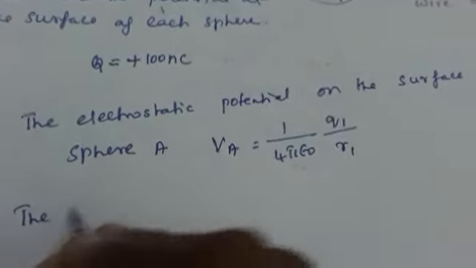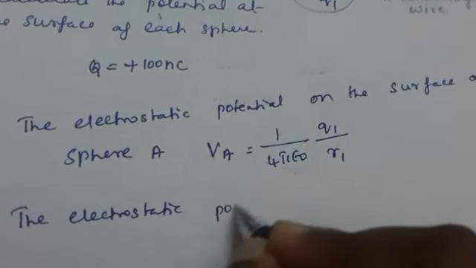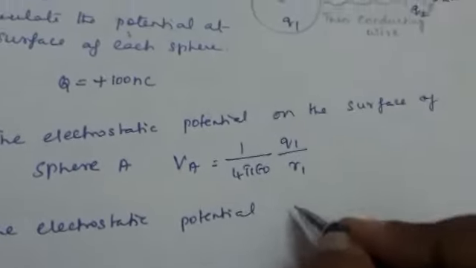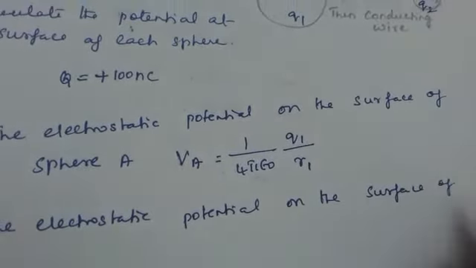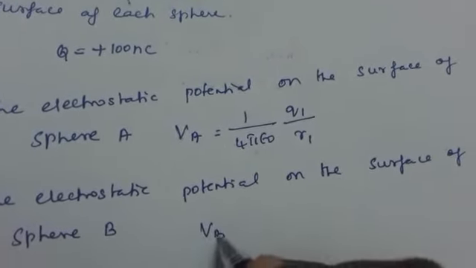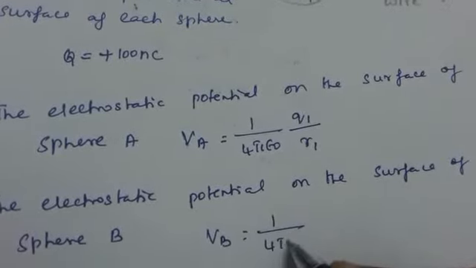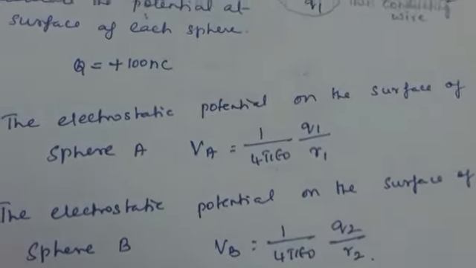Now the electrostatic potential on the surface of sphere B, that is VB, is equal to 1 by 4 pi epsilon 0 Q2 by R2.